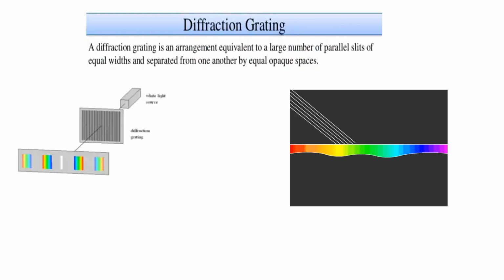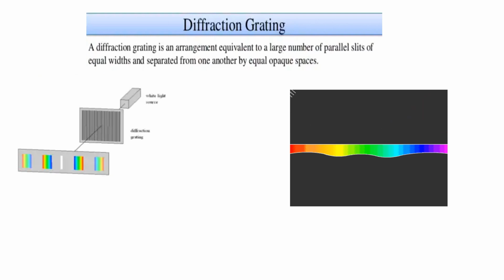Now looking into what a diffraction grating is. Here we have a white source of light. This is a diffraction grating. As the source of light is made to fall onto this diffraction grating, it gives a large number of parallel slits of equal width that are separated from one another by equal opaque spaces.